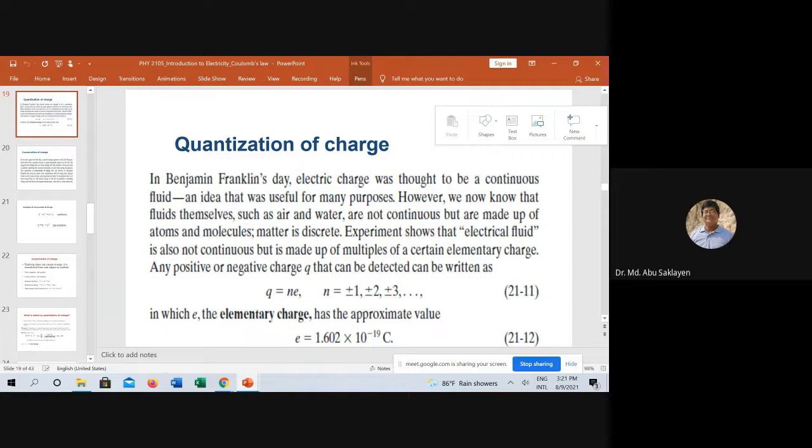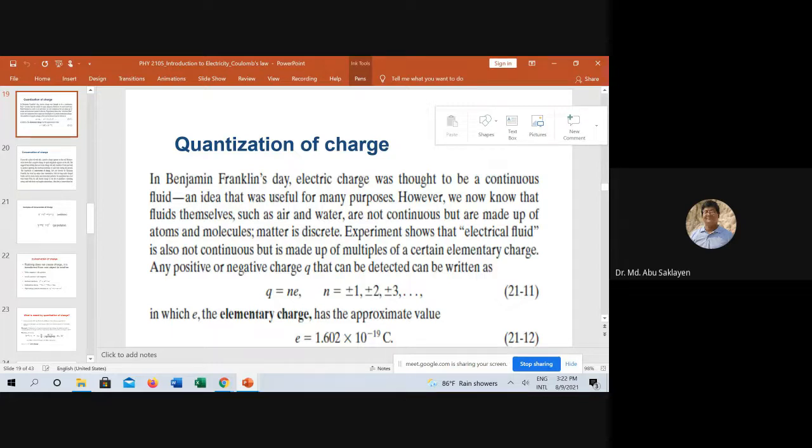So any amount of charge is an integer multiple of the electron charge. This is known as quantization of charge. That means the total charge divided by the electron charge gives a number of electron charges. This small division is known as the charge of the electron.